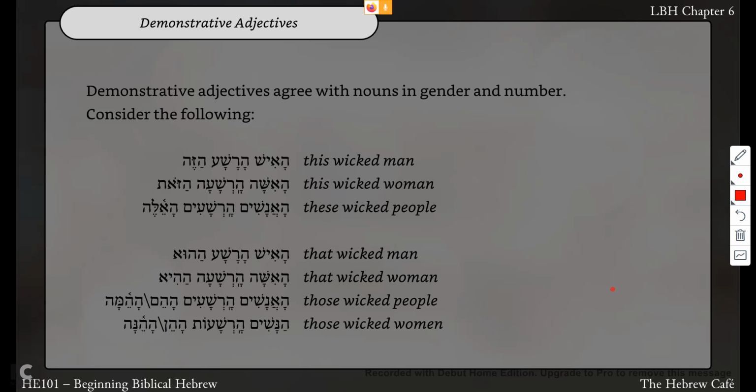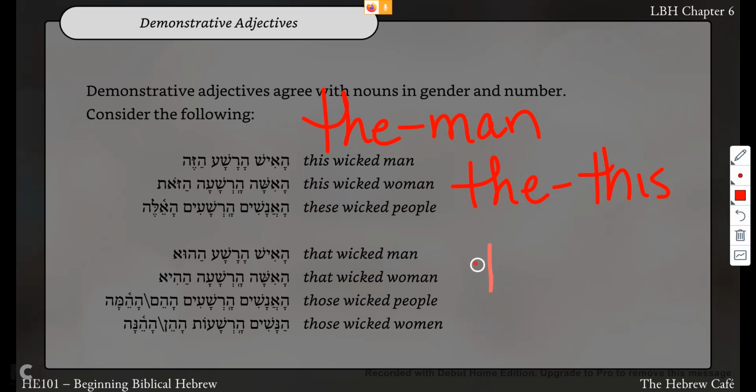Or you can say, ha'ish hazeh, this man. It's kind of weird, but in Hebrew you say the man, the this. This is attached, right? Ha'ish. The this. Or the that. The man, the this. The man, the that.